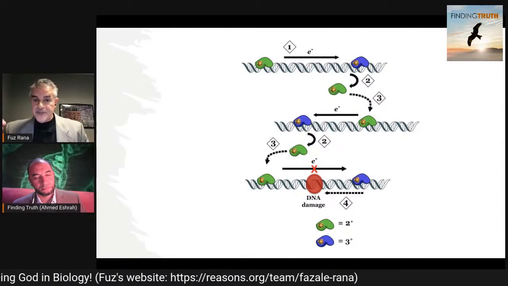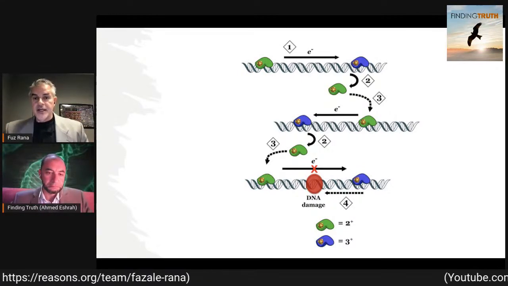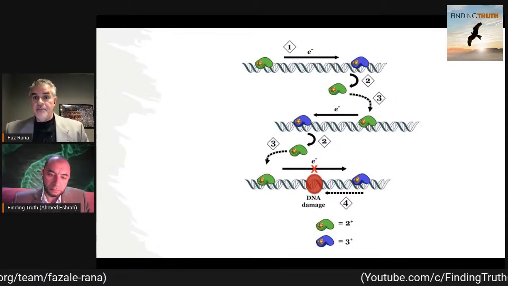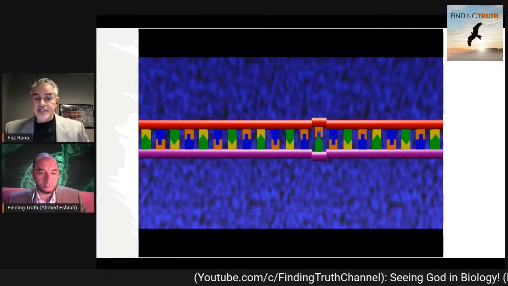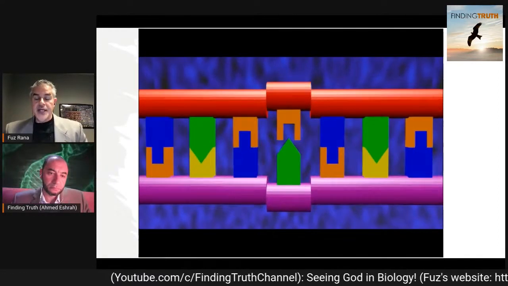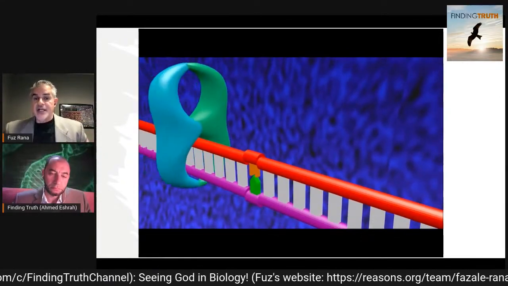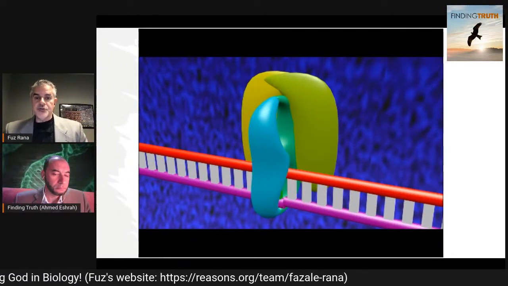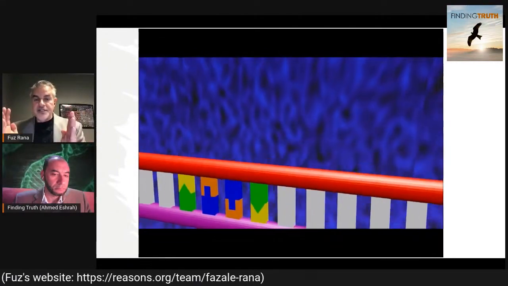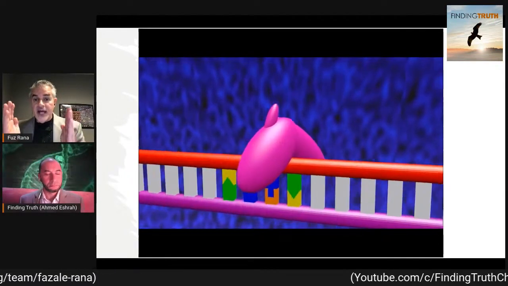There can be other processes in the cell that cause base pairing mismatches. Let's say an error takes place in DNA replication, causing a base pair mismatch that needs to be corrected. And the cell has a correction mechanism. It's called excision repair, where the region of the DNA that's damaged or mismatched will be cut out.